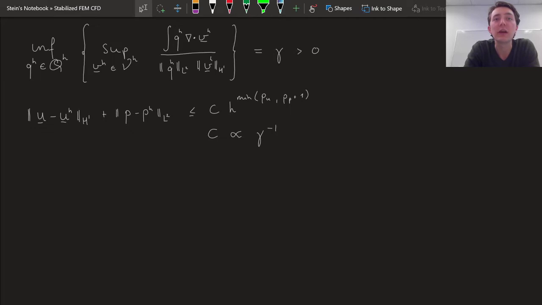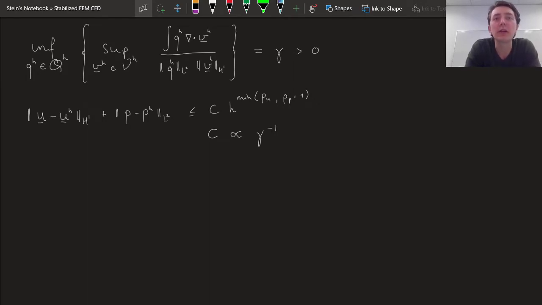And actually the statement that you would get if you would work out the mathematics is that you have a bound on the H1 norm of our velocity plus the L2 norm of our pressure. And that's going to be bound from above by some constant c times the mesh size to the power of, well, the minimum between our polynomial order of velocity and the polynomial order of our pressure plus 1.